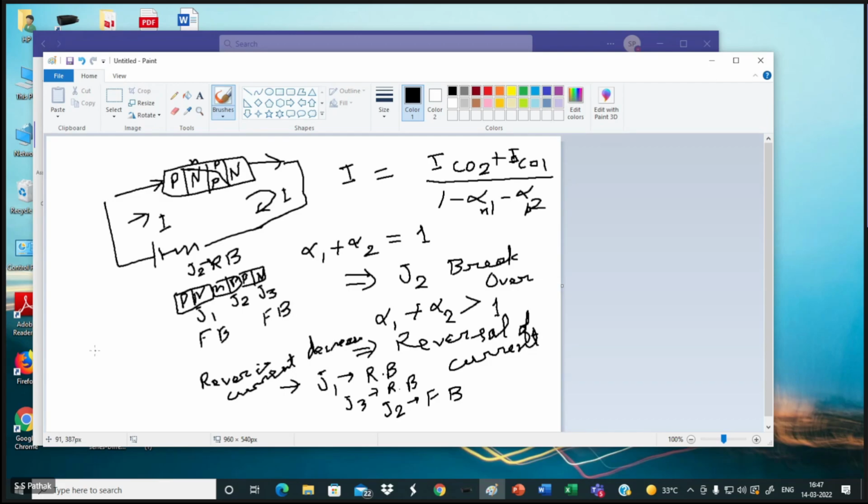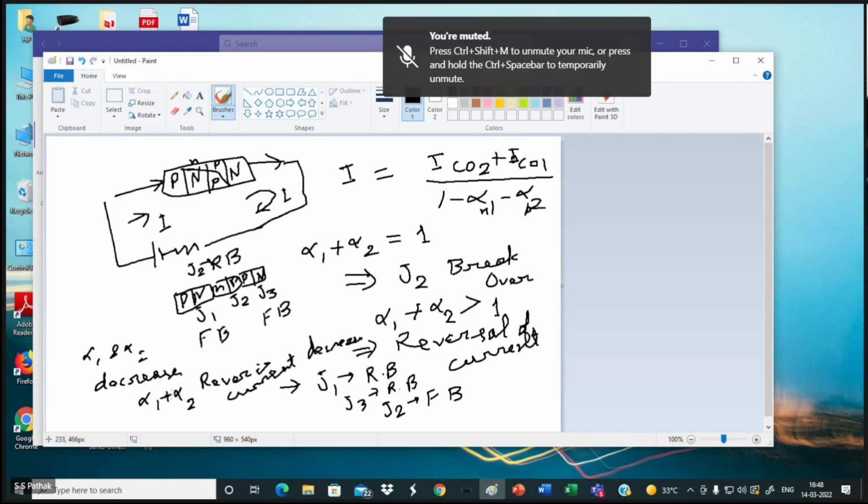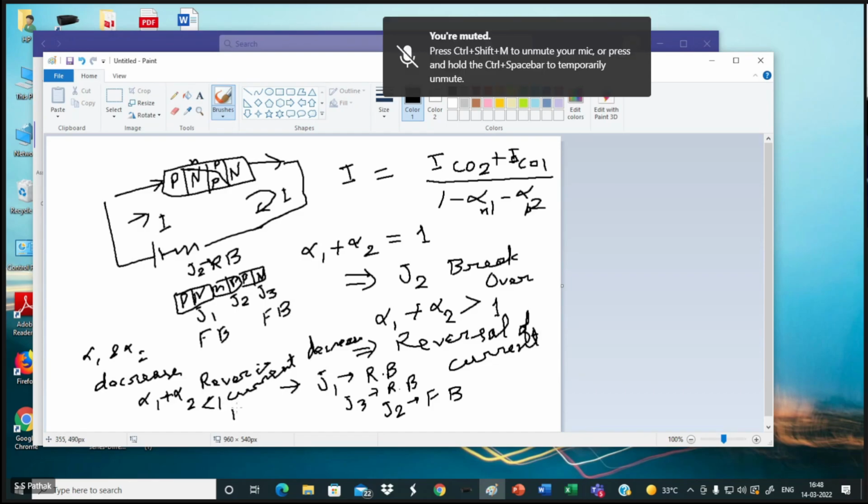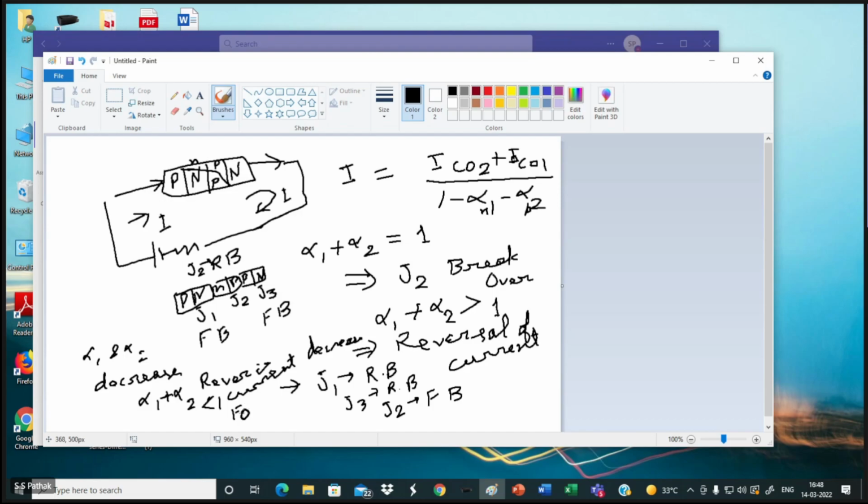As a result, alpha 1 and alpha 2 decrease. When alpha 1 plus alpha 2 becomes less than 1, forward current flows.